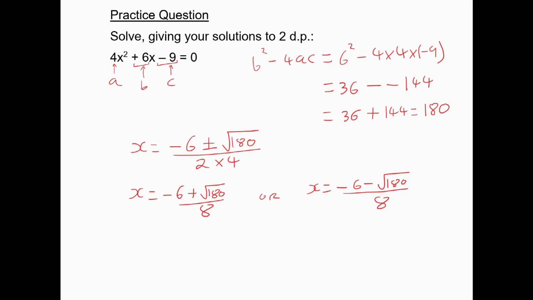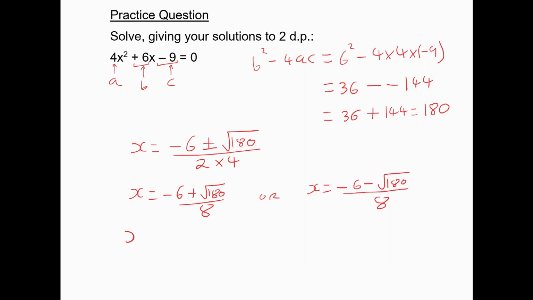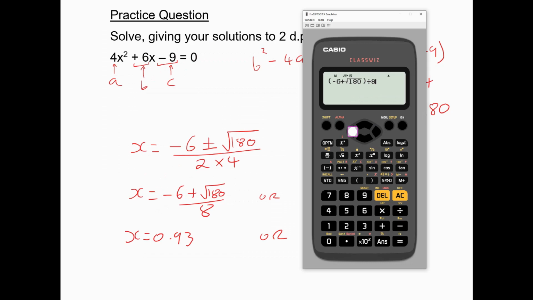I can put these into my calculator. So firstly I have minus 6, I'm going to put it in brackets, minus 6 plus root 180, close bracket, divide by 8. To 2 decimal places, that's going to be 0.93. Or we have minus 6 minus root 180, all divided by 8, which is minus 2.43.